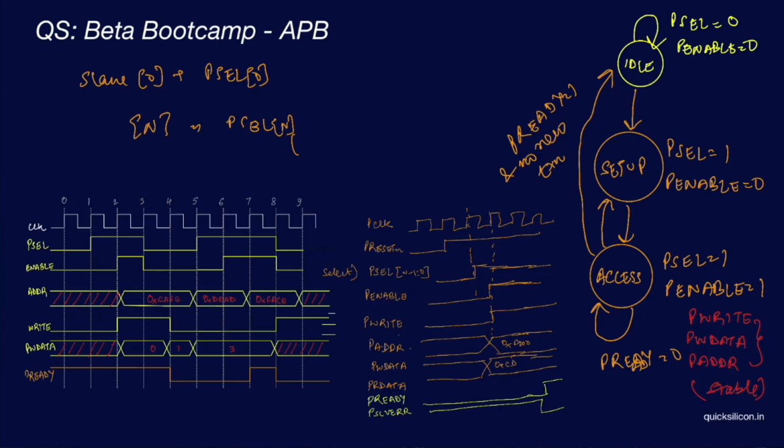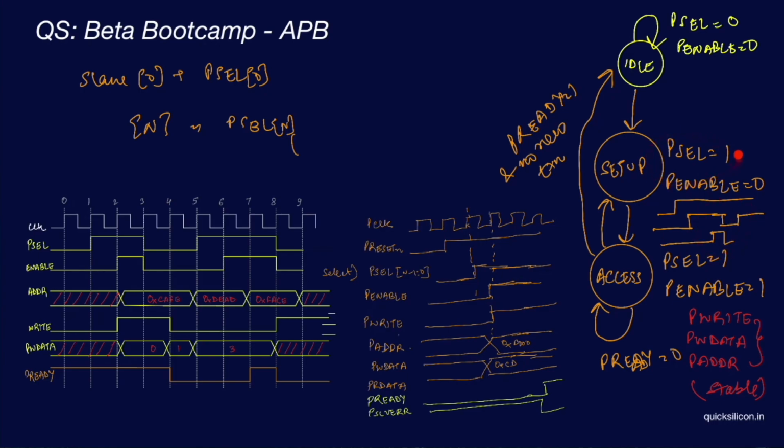So what basically happened is that, let's assume this is your PSEL, this is your PENABLE, and let's assume we got a PREADY somewhere here. If you move back to your setup state, then your PENABLE signal would change somewhat like this. So this would mean that you are initiating a back-to-back transaction to your same slave.